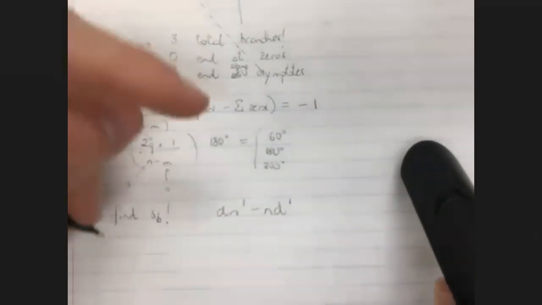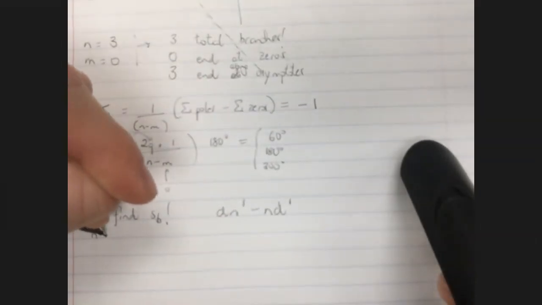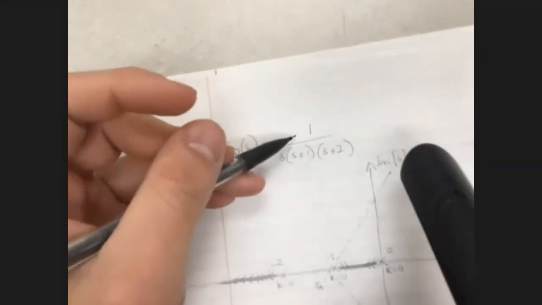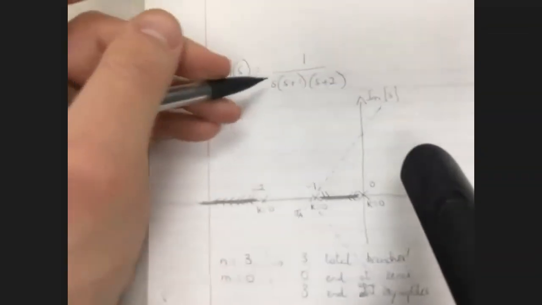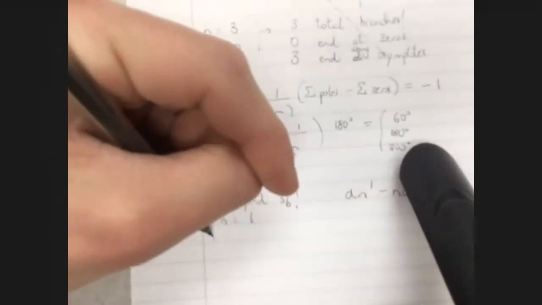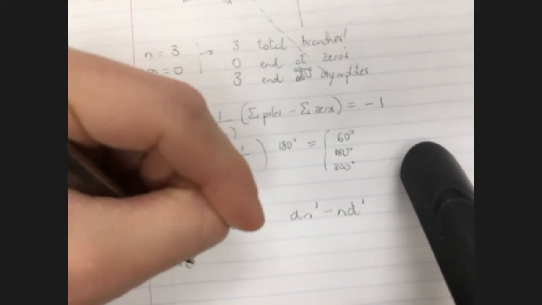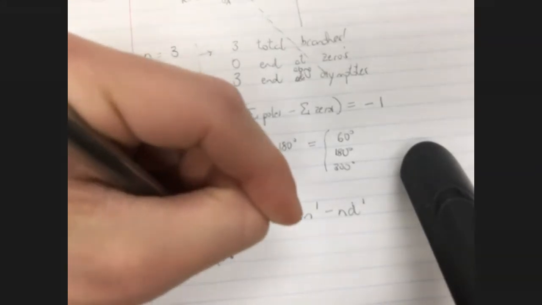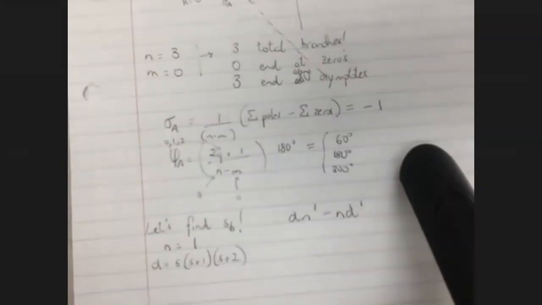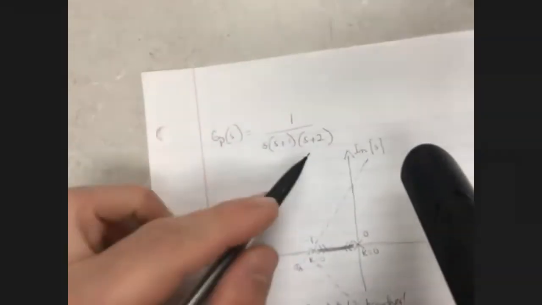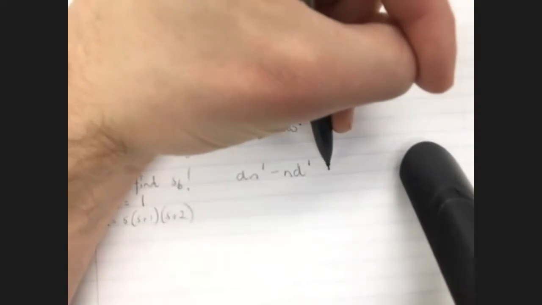So notice here, n was equal to my numerator, 1. D was s plus 1, s plus 2. So that was my n of s and d of s. And I'm going to then apply this formula right there.